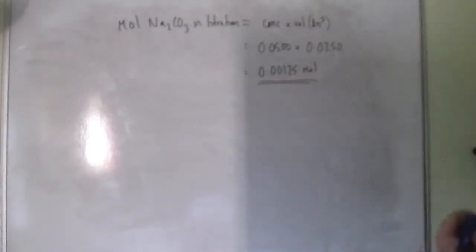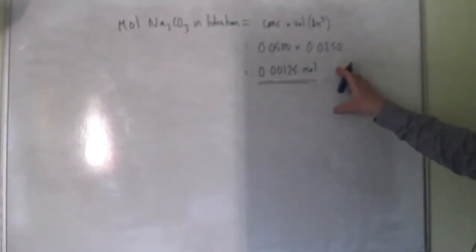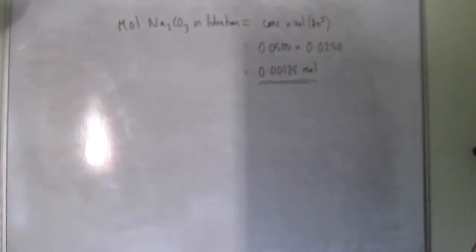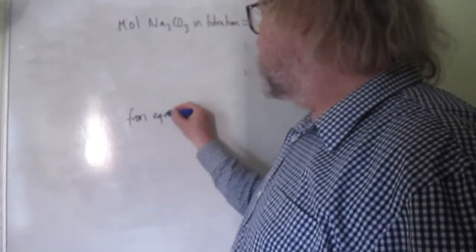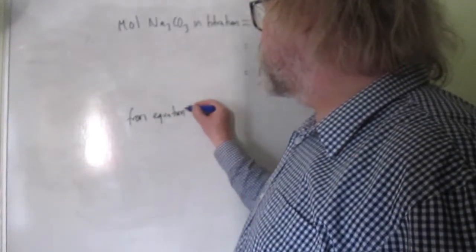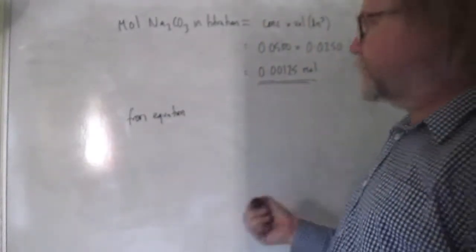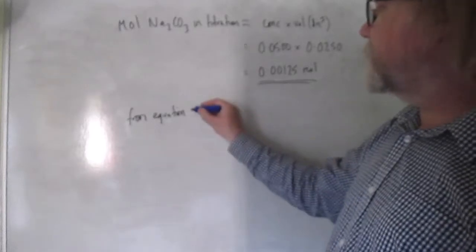So then we come to our equation, which relates moles of this substance to moles of the other one, which is the one we're interested in, the acid. And it's a good idea to write this down, partly because it makes your working clearer, but also because if you get in the habit of doing that, it'll prompt you to remember to check the equation.